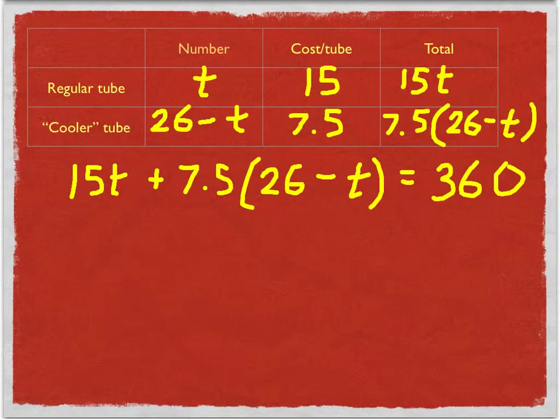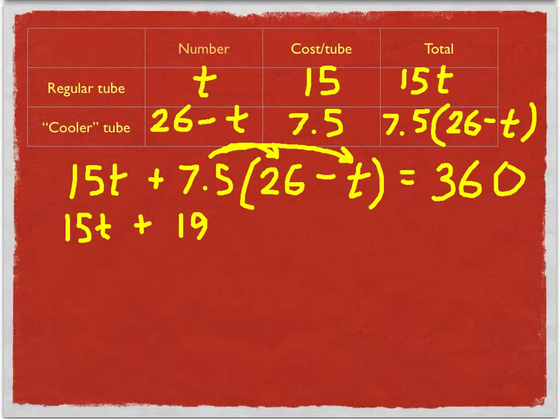Now I have to do a little bit of distributing, right? I'm going to take 7.5 times 26 and also 7.5 times t. 7.5 times 26 is 195, and 7.5 times t is 7.5t, but remember I do need to have that minus sign in front of it.